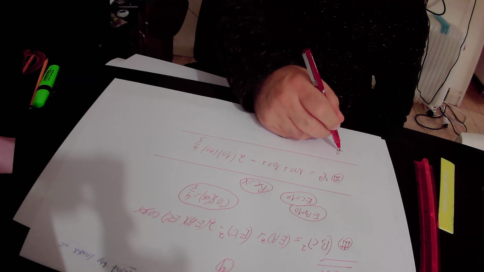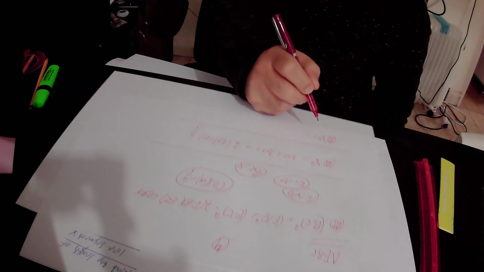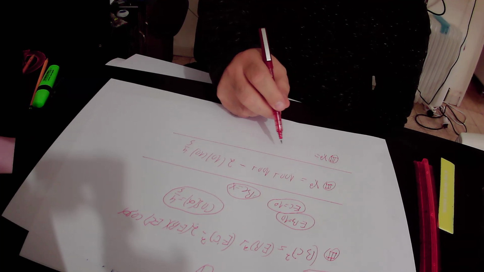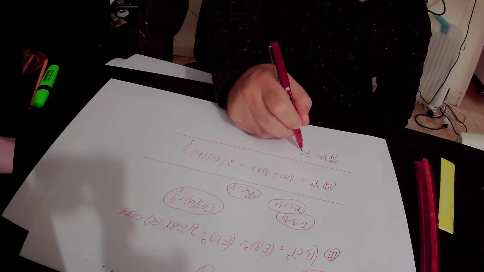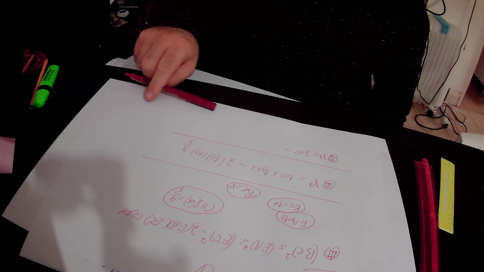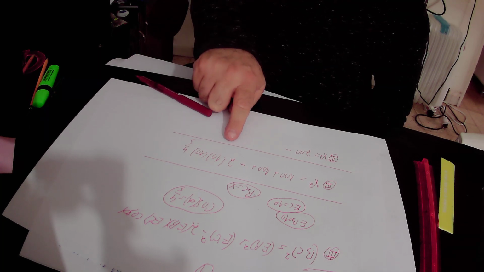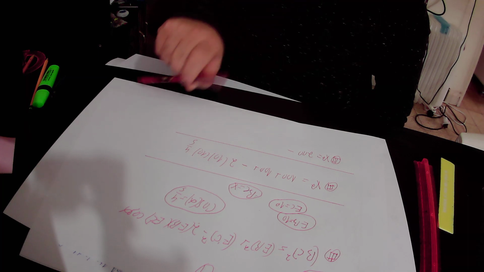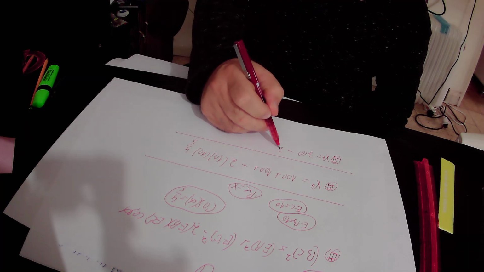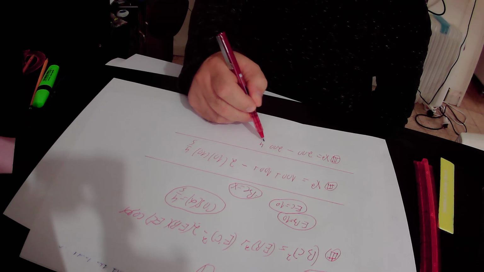So according to equation number 3, x squared equals 100 plus 100 is 200, minus 10 times 10 is 100, and 100 times minus 2 is minus 200, times 4 over 5.